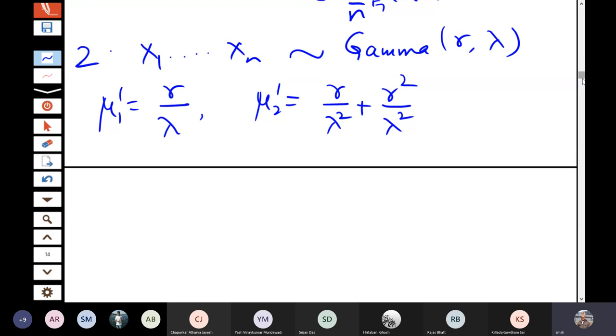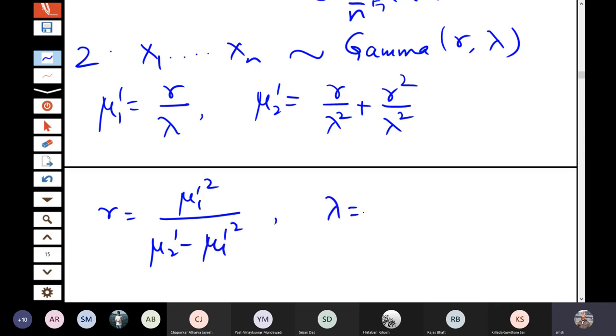So if you simplify this, anyway, this is very simple. You have to just solve the two equations. So you get r is equal to mu1 prime square divided by mu2 prime minus mu1 prime square, and lambda is equal to mu1 prime divided by mu2 prime minus mu1 prime square.